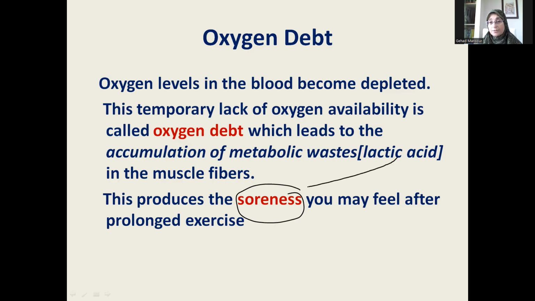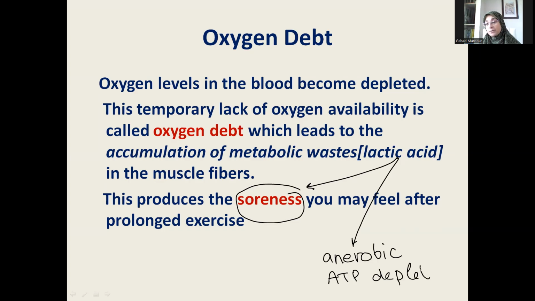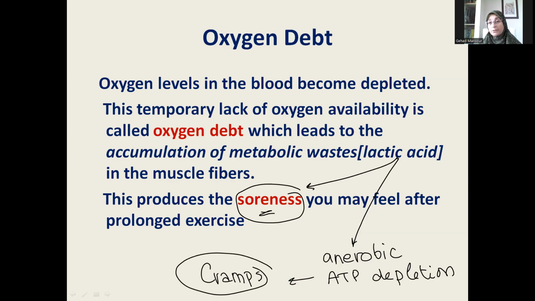Lactic acid results in soreness directly, but the presence of lactic acid indicates what? It indicates that we are going anaerobically, that there is ATP depletion, and therefore, since there is ATP depletion, we might suffer from cramps as well. So the soreness is due to lactic acid. The cramps are due to ATP depletion.